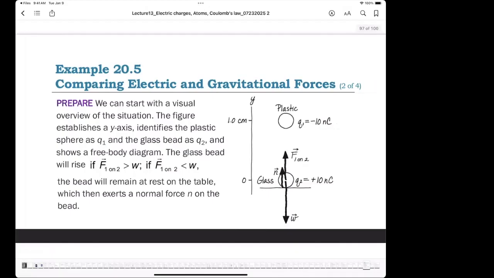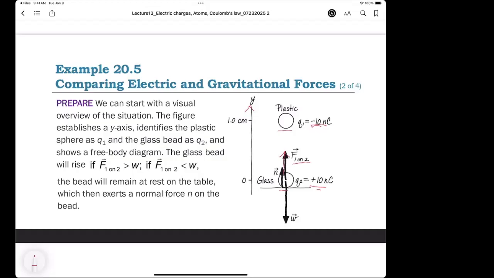The figure establishes a y axis here, and identifies the plastic sphere as Q1 and the glass bead as Q2, and shows a free body diagram. The glass bead will rise if F1 on 2 is greater than W. Because the charges are opposite, there will be an attractive force in this direction.